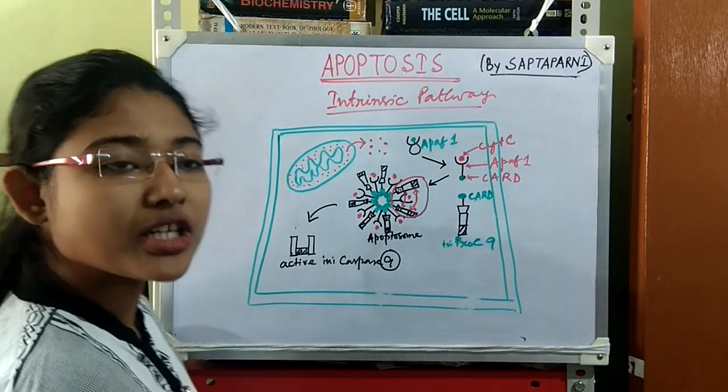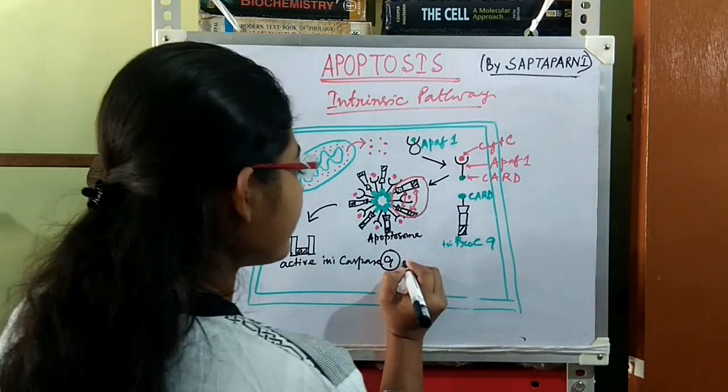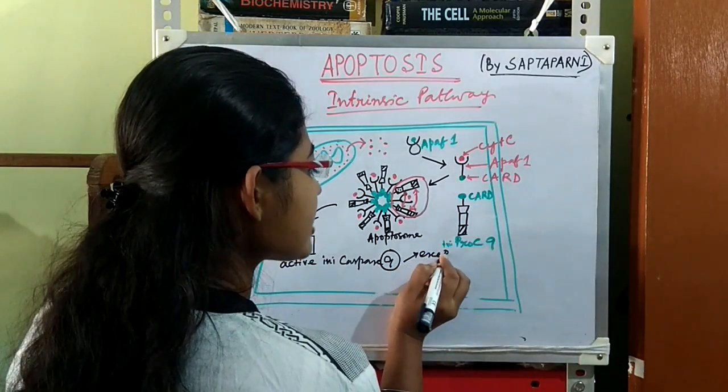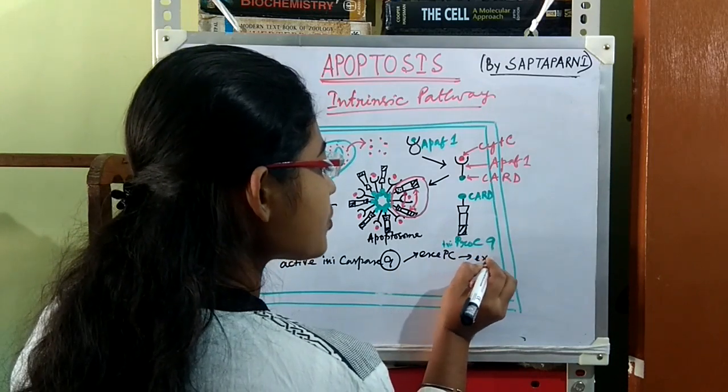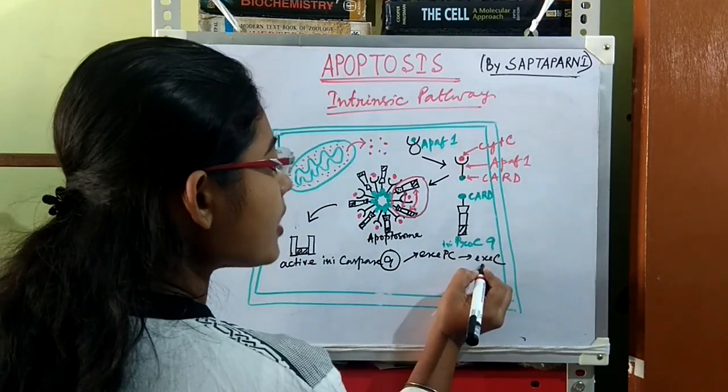Now this active initiator caspase will activate other executioner procaspases to their executioner caspase form.